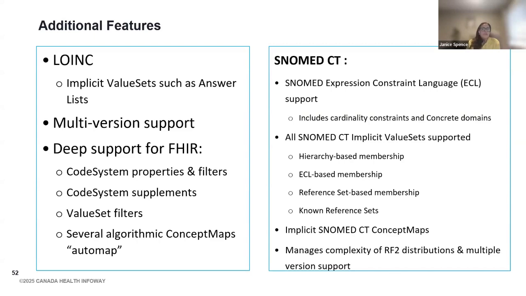For LOINC, it supports such features as implicit value sets for answer list. Multi-version support, of course, is crucial, which it offers. And again, the deep support for FHIR, which is crucial to ensuring that the FHIR-based specifications across the country are supported by the services that are offered here. Next slide, please.